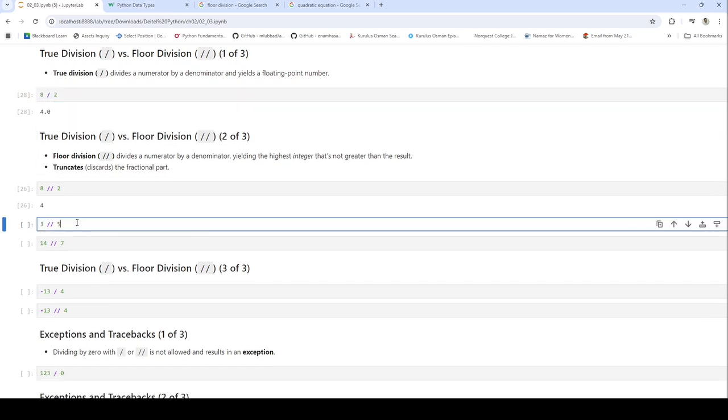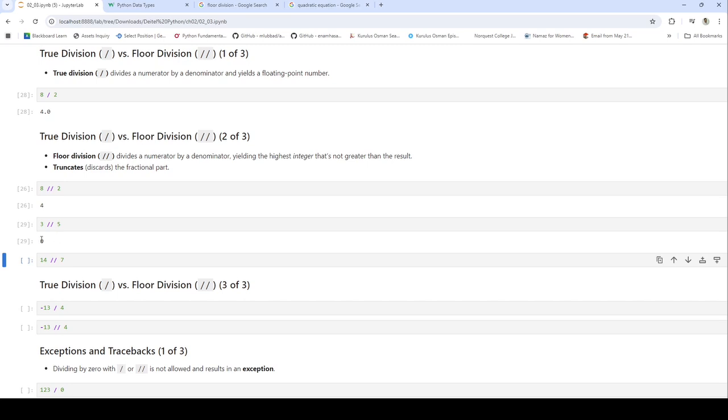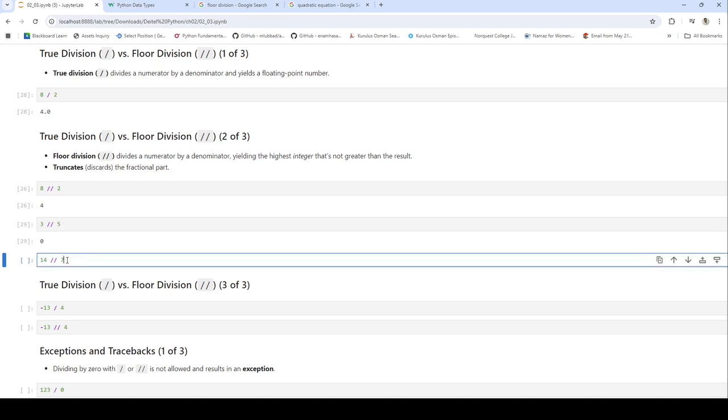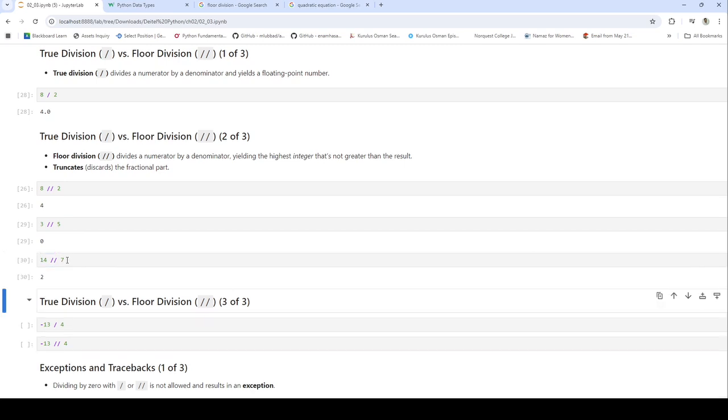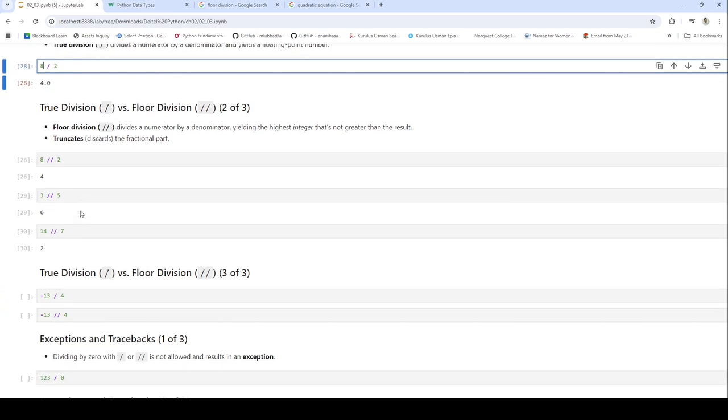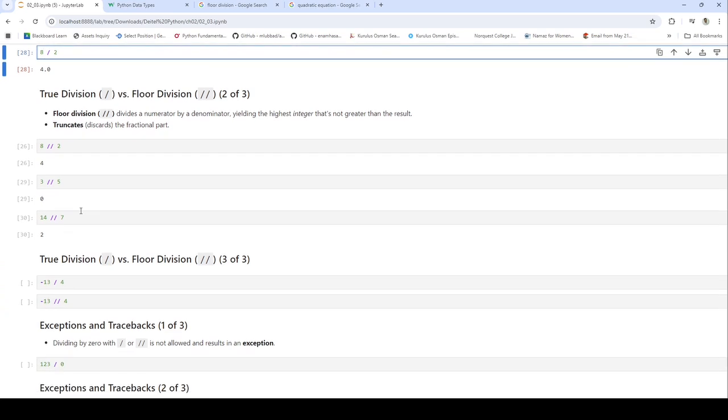Similarly, 3 floor division 5 is 0 because we know that the result is less than 1. And if we divide 14 over 7 in floor division, we're going to get the same result as the true division would give us. So that's true division versus the floor division.